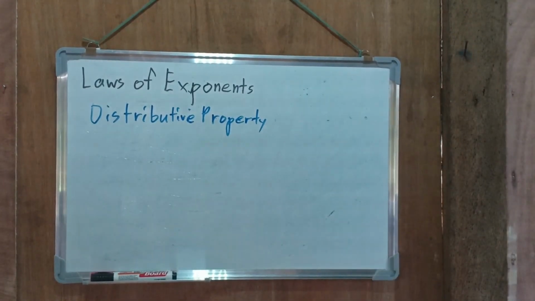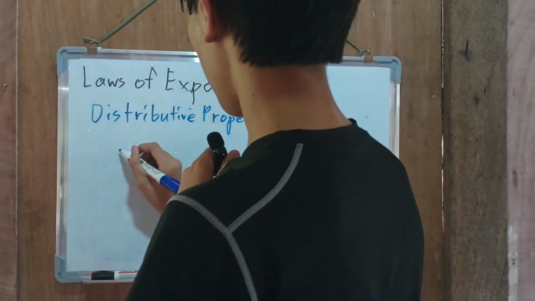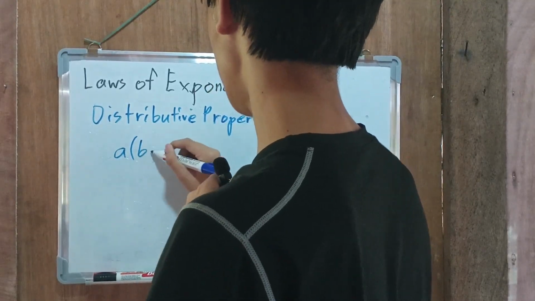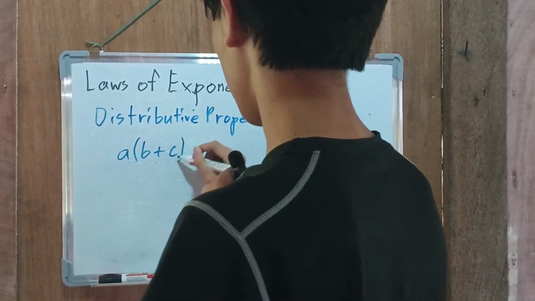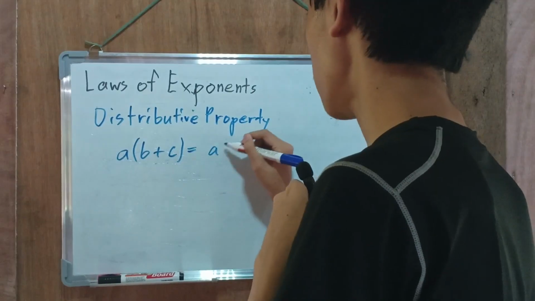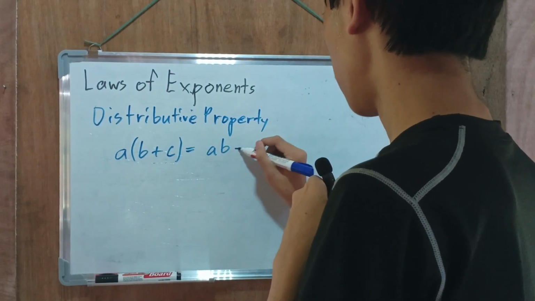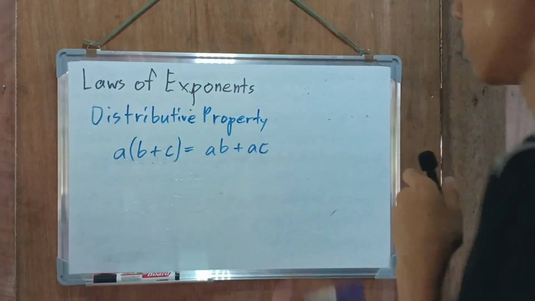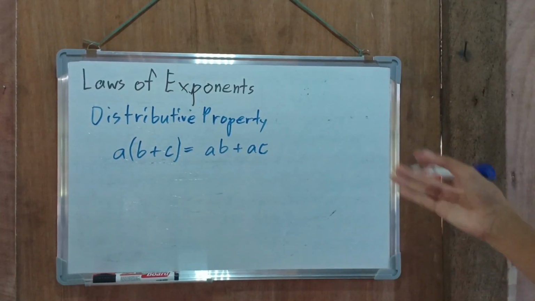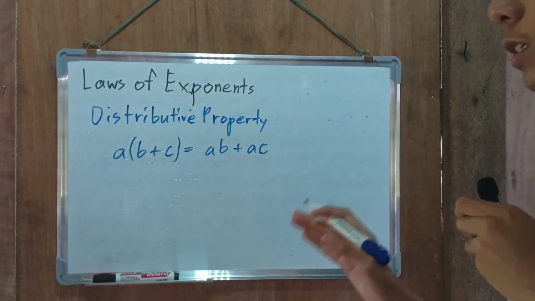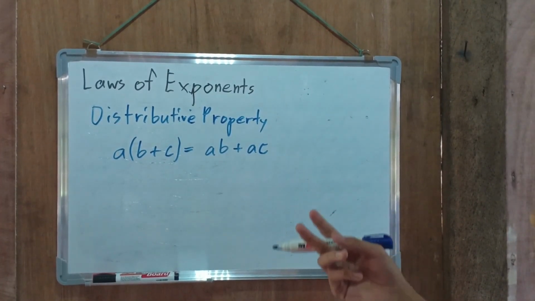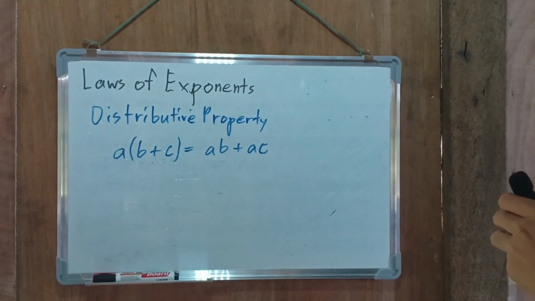It says here, very simple: a times the quantity b plus c equals ab plus ac. The reason I discussed this first is that the fourth and the fifth rules are about the power of a product and the quotient rule. So this might be important.